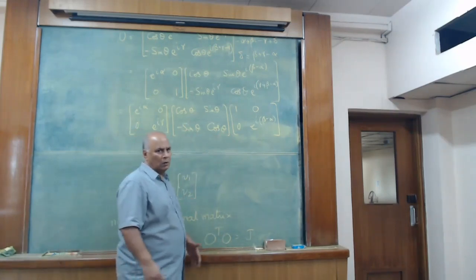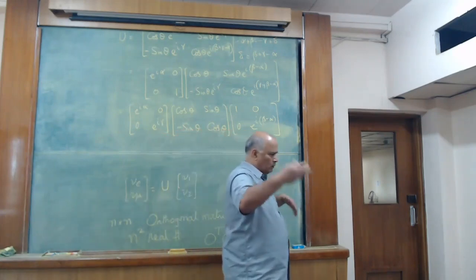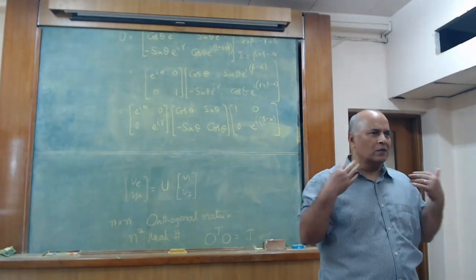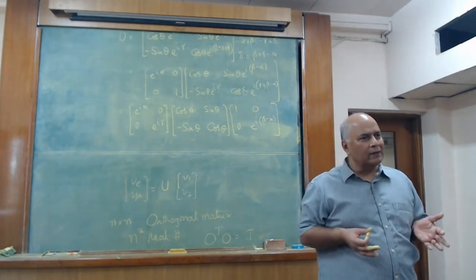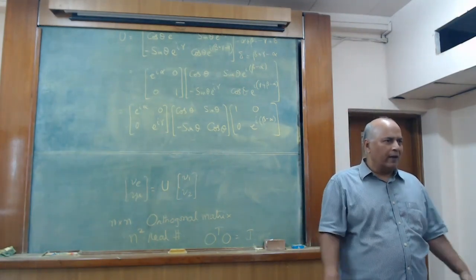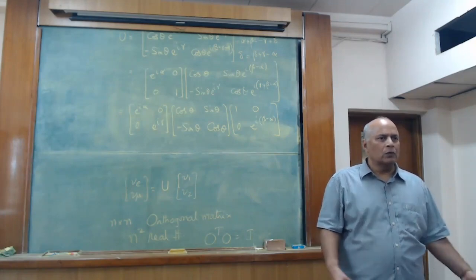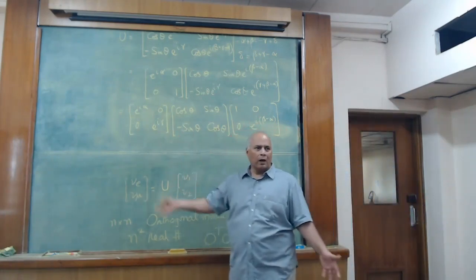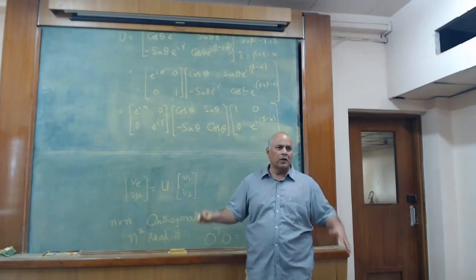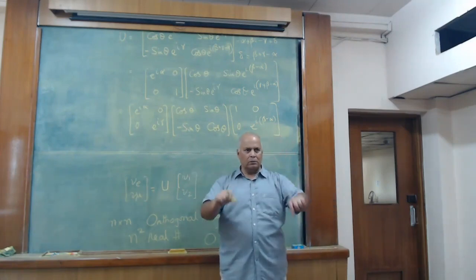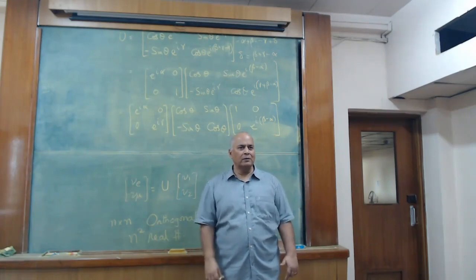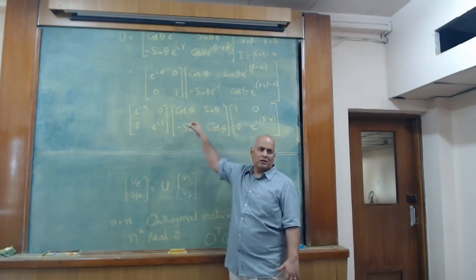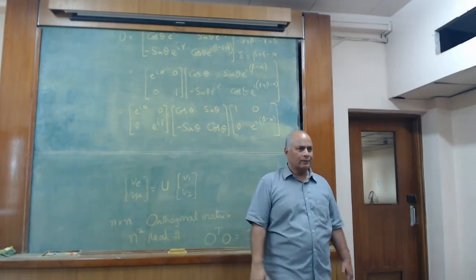And if I change the phase of a field by a constant amount, this is what we learned from quantum mechanics, that does not affect the dynamics. So, these phases are unphysical. There is no way we can measure them in an experiment. So, the physical quantity is just the rotation angle.